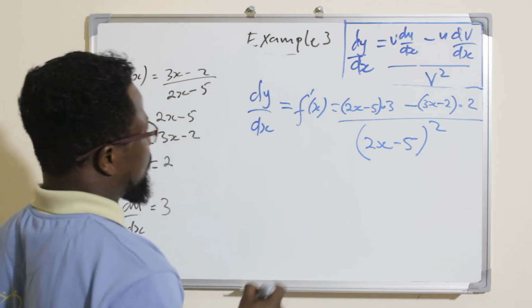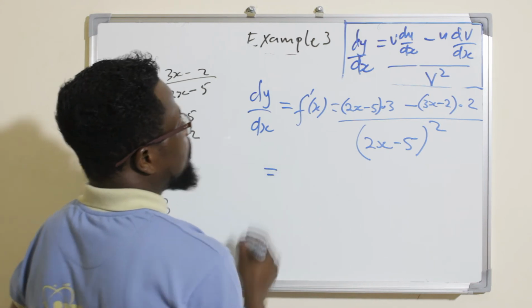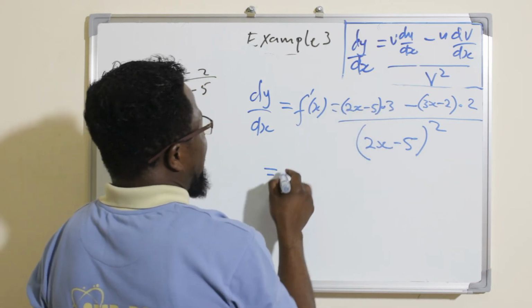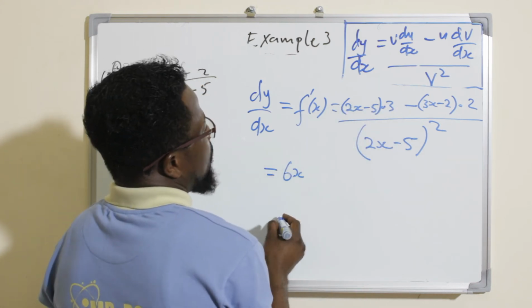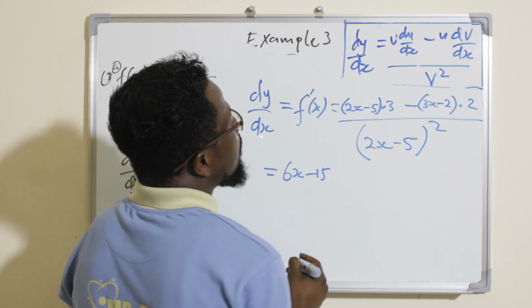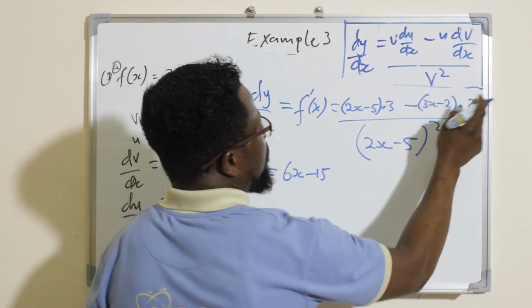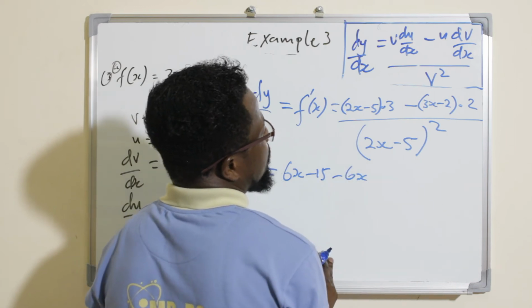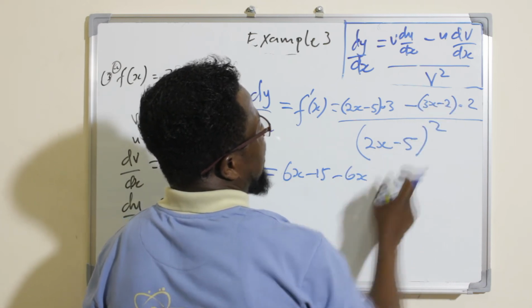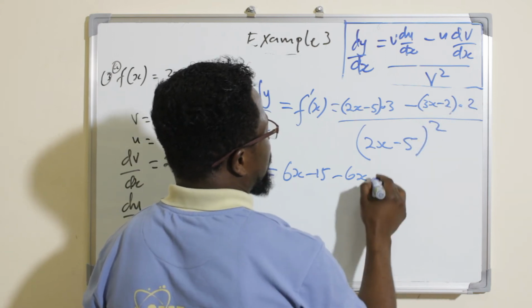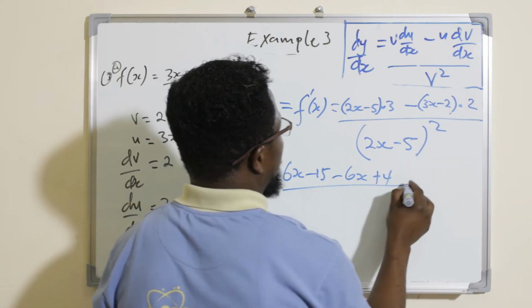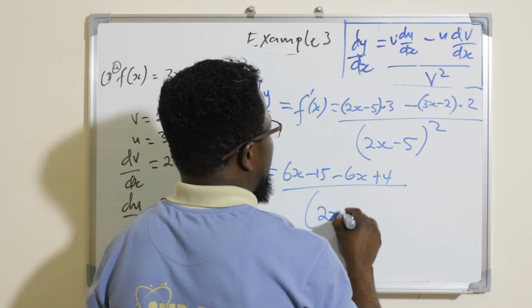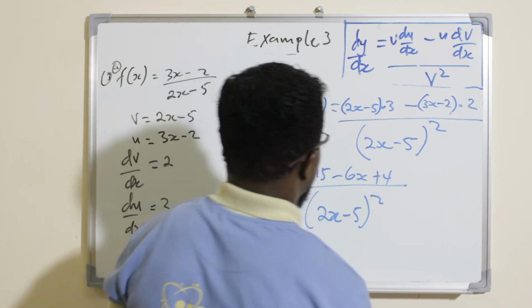So let's solve this problem. Let's simplify. We multiply this by that, and we have 6x minus 15, and with these negatives, this will become minus 6x. Multiplying this positive by that will give us positive 4, all over 2x minus 5 squared.